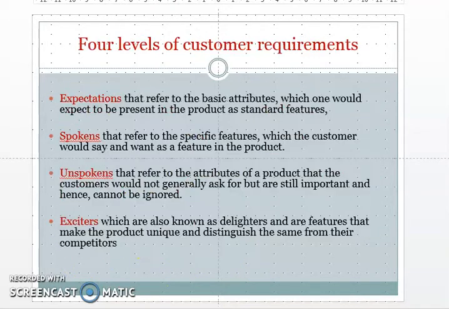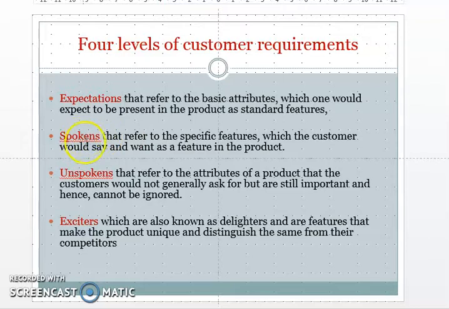Once again we will see the four levels of customer requirements, because these are very important while understanding the customers. With the survey, we should be able to know what the expectations are. That refers to the basic attributes which one expects to be present in the product as standard features that must be fulfilled, and you have to take care of these expectations.